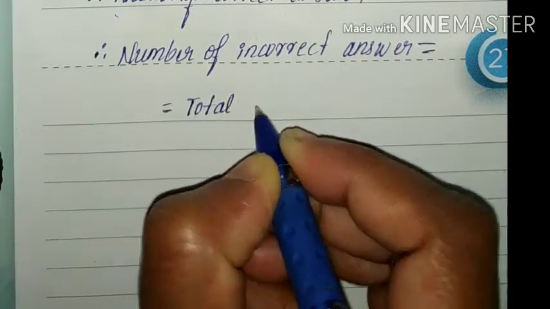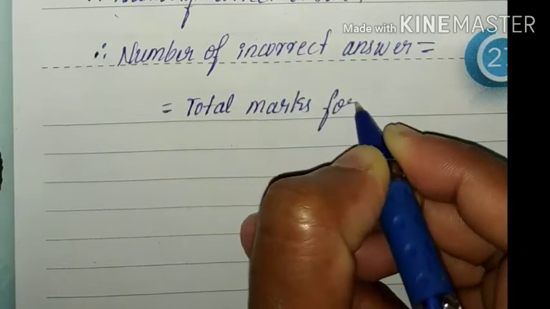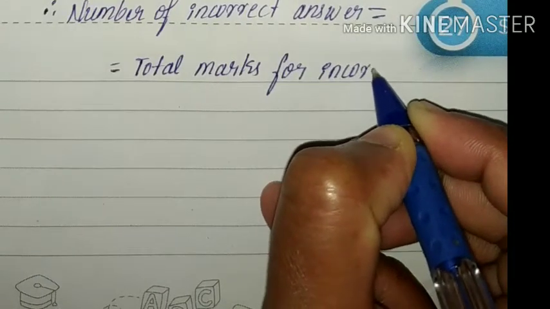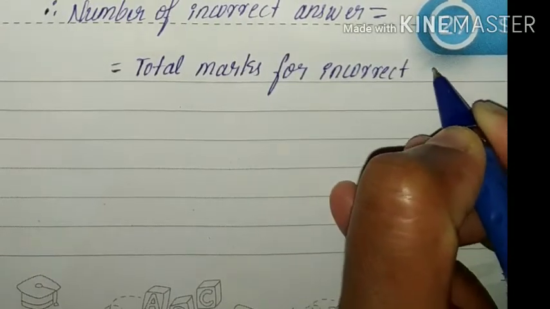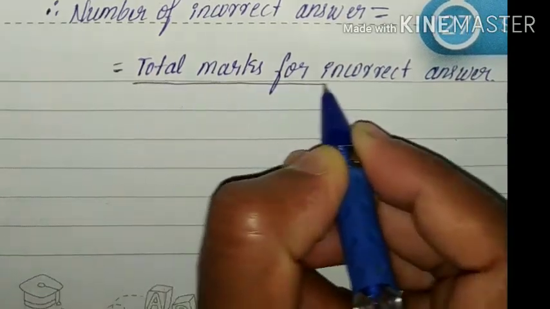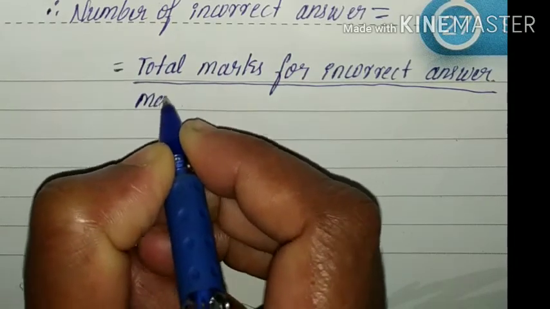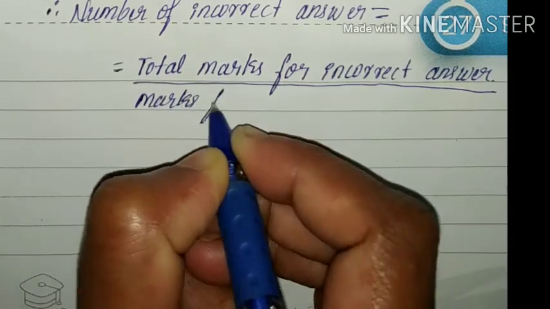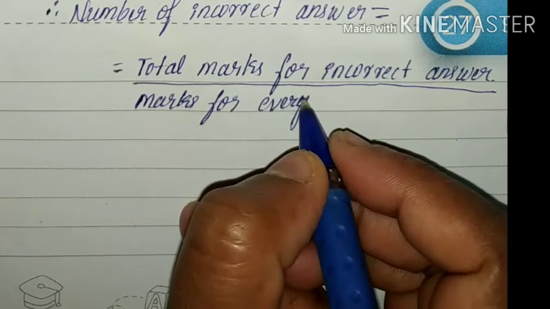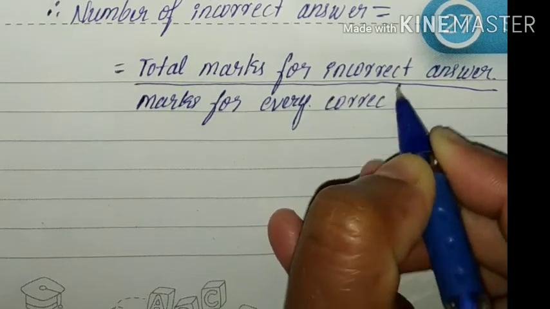Total marks for incorrect answers divided by marks for every incorrect answer.